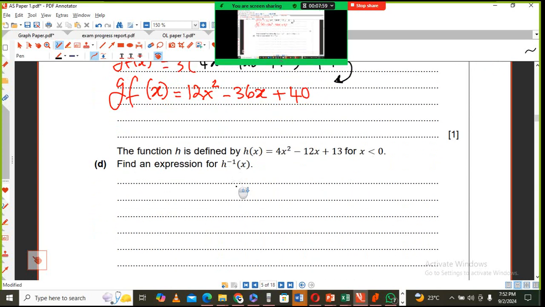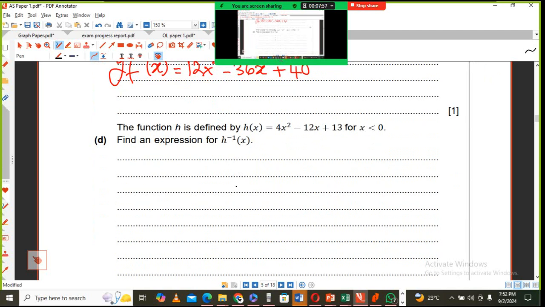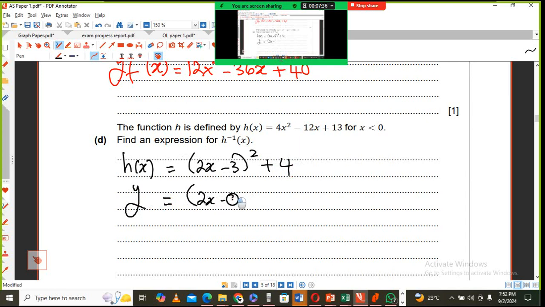Okay, now they say this function h is defined for x is less than 0. So first you remember that we had the function h of x equals 2x minus 3 plus 4? It's better that it's in this way, for you to be able to find the inverse.